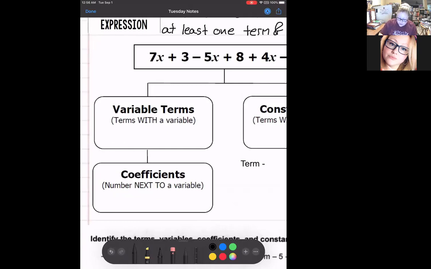So I want you to make sure that you write a variable is a letter. And it can be any letter. To give you an example would be X, Y, or Z. Those are usually, or we may see A, B, C.